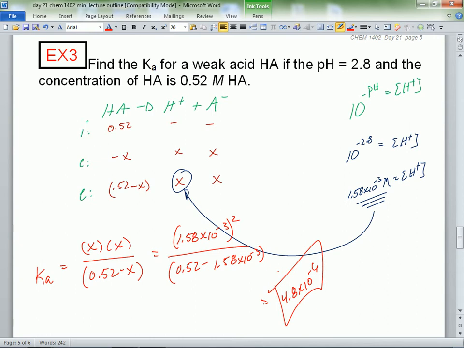You do 1.5 times 10 to the negative 3, square it, divide by, use the parentheses, 0.52 minus 1.5 times 10 to the negative 3, close parenthesis, equals, and you got it. I think most everyone's got this one. Go on to the next one.